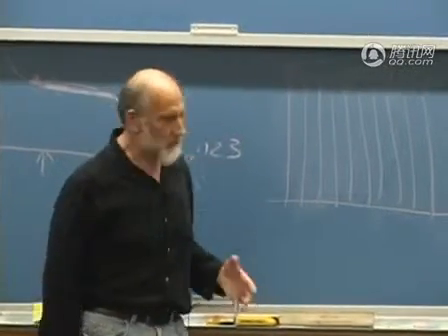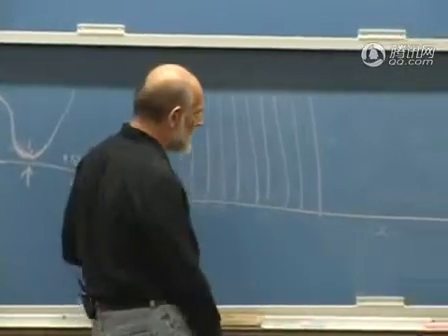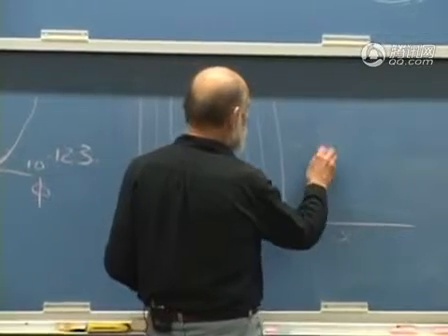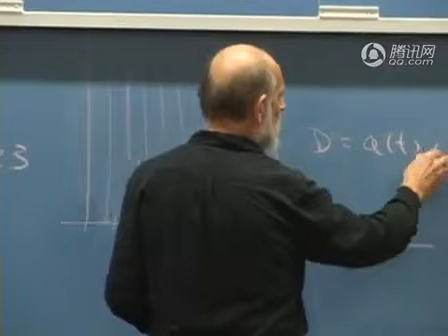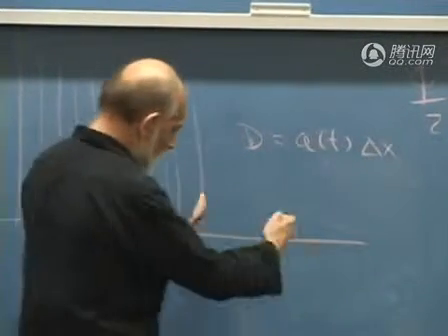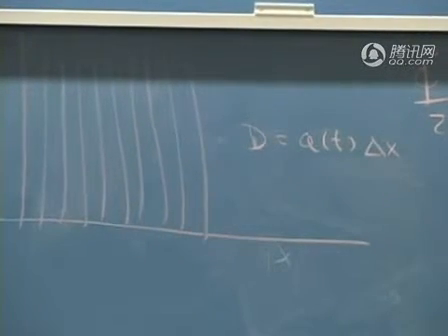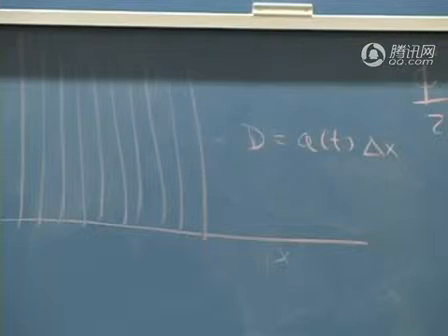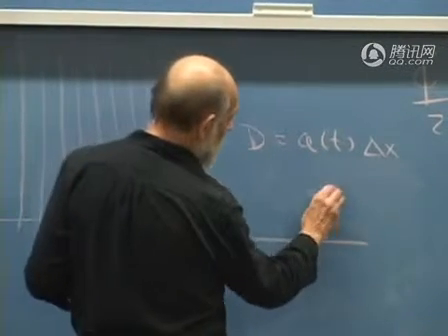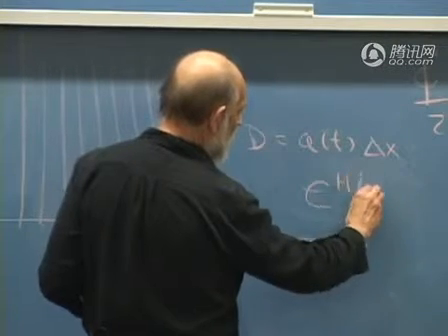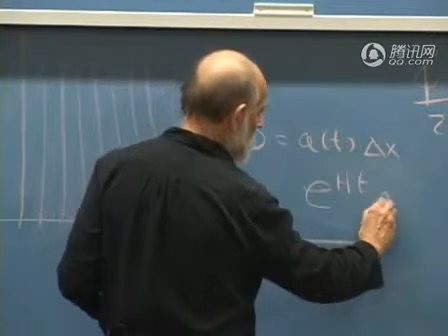AX, A being the scale factor. So distance is A of t times delta x, where delta x might be the distance in coordinates between two points. Let's imagine now that A is exponentially expanding, e to the Ht times delta x.